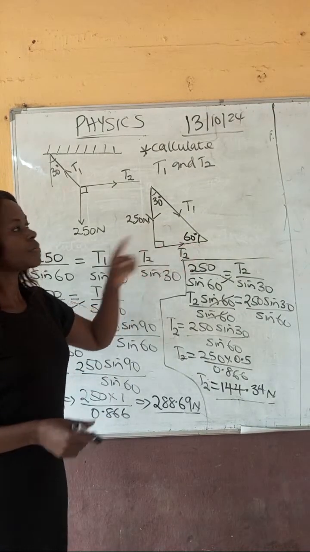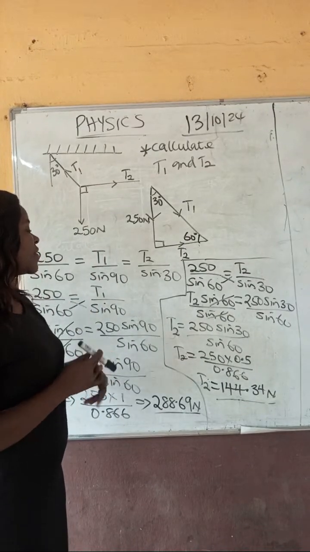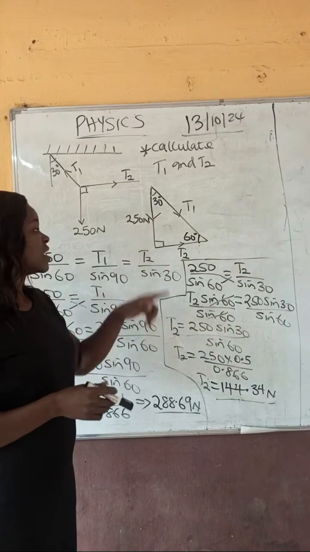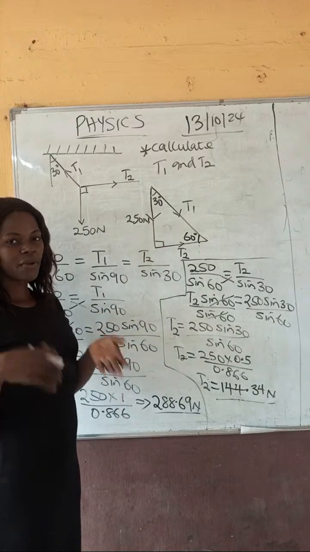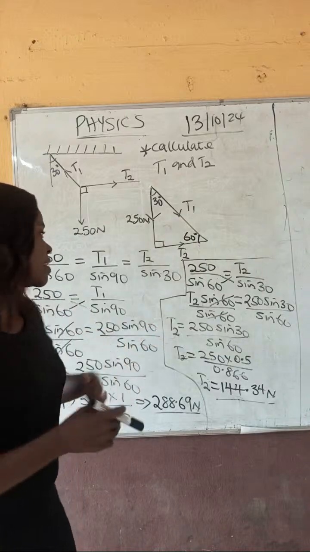So once we have done that, we are now left with what? This angle. The sum of angles in a triangle is equal to 180. If here is 90 and here is 30, what will be here? 60. When you add them together, you subtract from 180 to get the remaining angle, which is 60. All right.